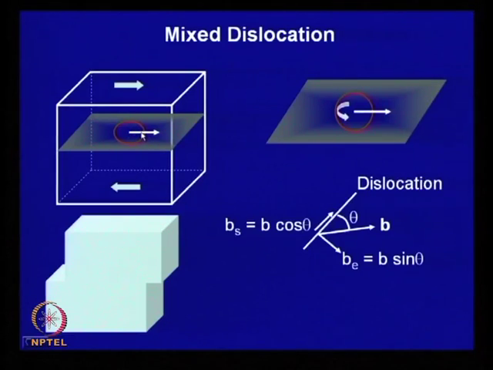Here this part is a positive edge dislocation, this part is a negative edge dislocation. If it is a positive dislocation, this upper part moves ahead. If it is negative, in the bottom part you have an extra atom, and when it comes out, it forms a step like this. Whereas, these two parts are the screw dislocations.